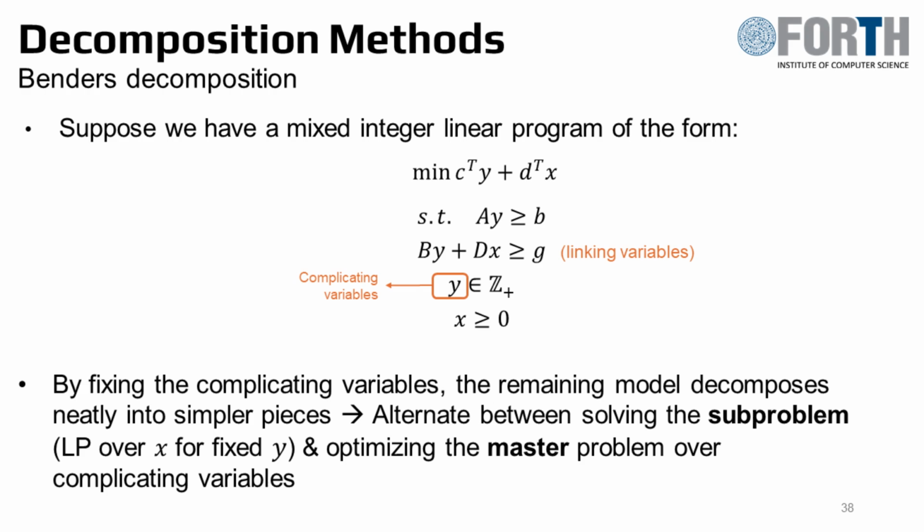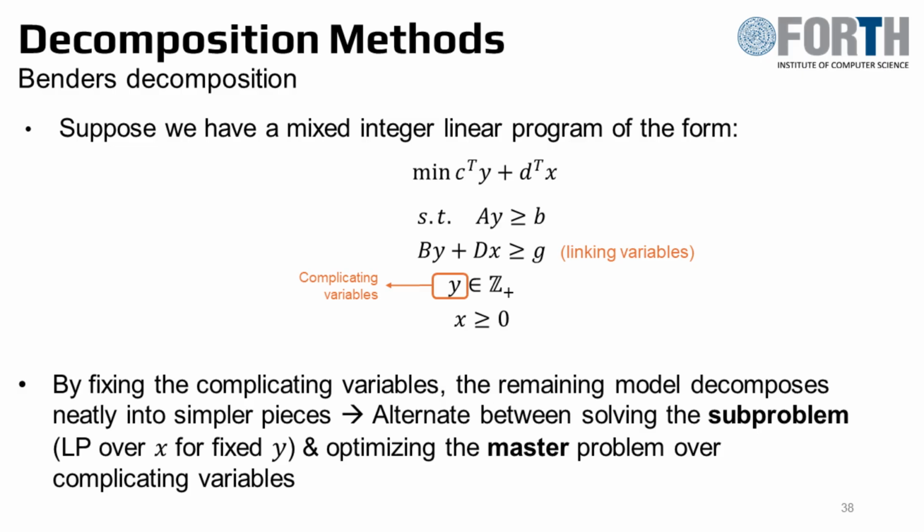The variables y are the complicating variables. They are integer and typically represent strategic decisions. The variables x are continuous and satisfy x ≥ 0. The key idea of Benders decomposition is the following. If we fix y to a specific value, then the remaining problem in x becomes a linear program.